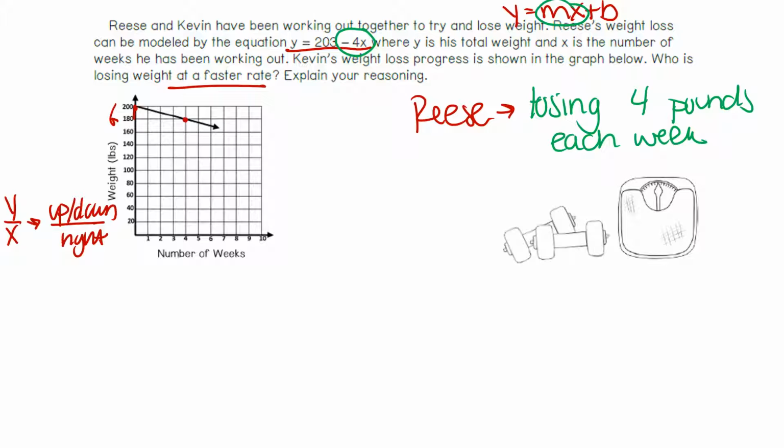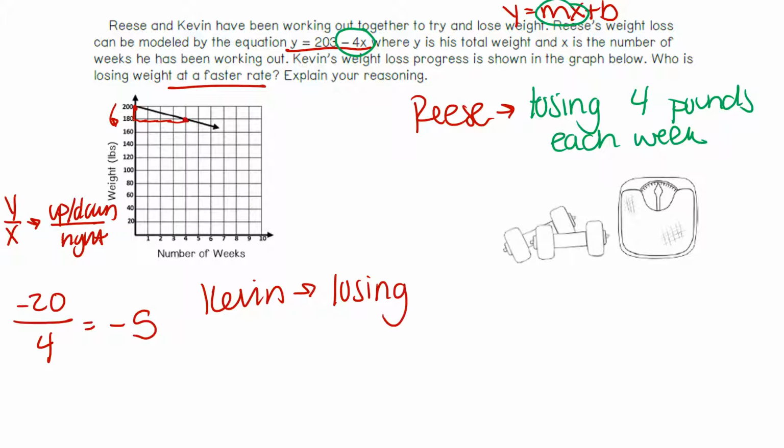So going from 200 to 180, we're going down 20, so that's going to be a -20. And then over 1, 2, 3, 4 squares. So -20 divided by 4 is going to give us -5. So for Kevin, because it's negative, he's losing weight, 5 pounds each week.